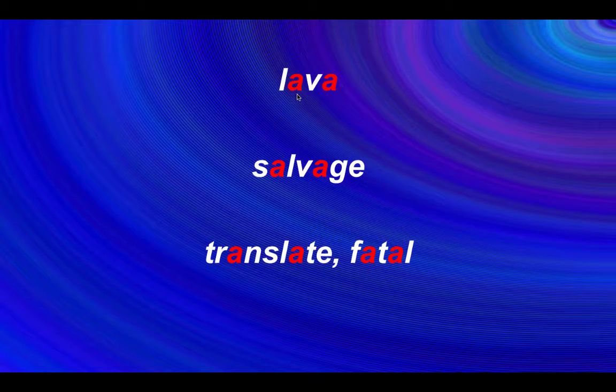You can hear an R sound on this grapheme and a lovely schwa sound at the end. Lava. And down here, salvage. S-A, sal, so a short A sound. Salvage. That's a schwa again.